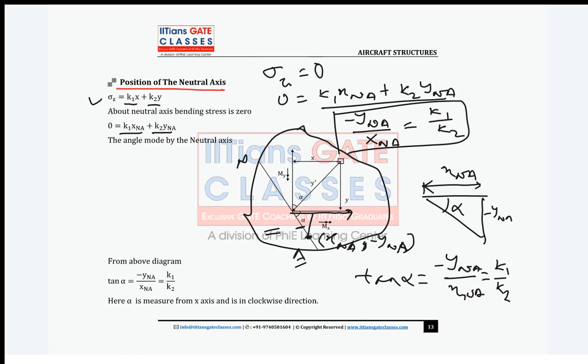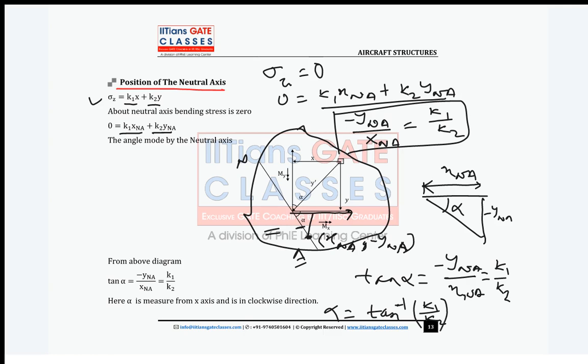Clear? So what is your alpha? Alpha is tan inverse K1 by K2. What is alpha? Tan inverse K1 by K2. Clear guys? Is this clear?